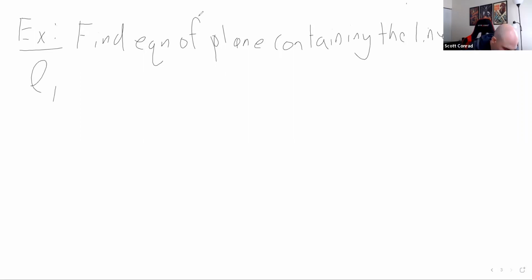So let's find the equation of the plane containing the 2 lines. L1 is the first line: x is equal to 2 plus t, y is equal to 3 minus 2t, and z is equal to negative t.